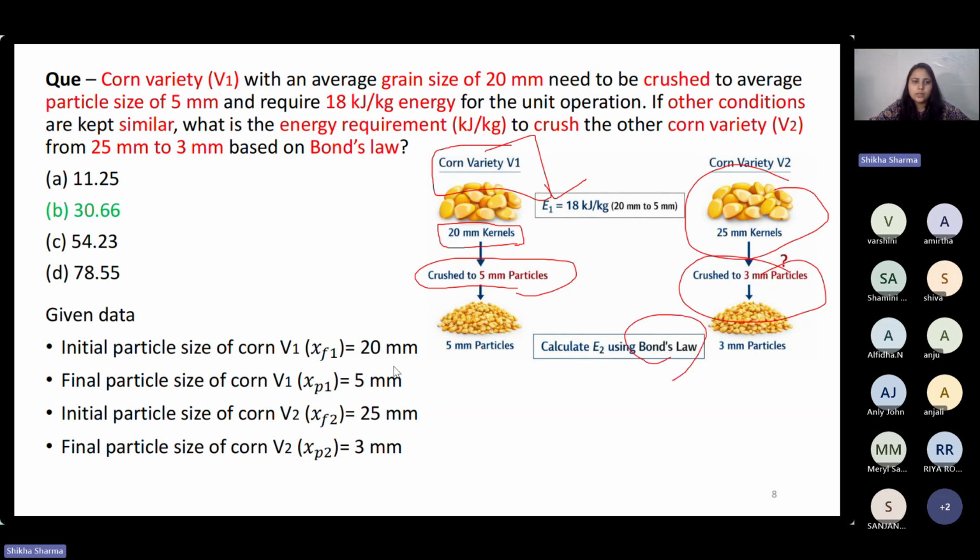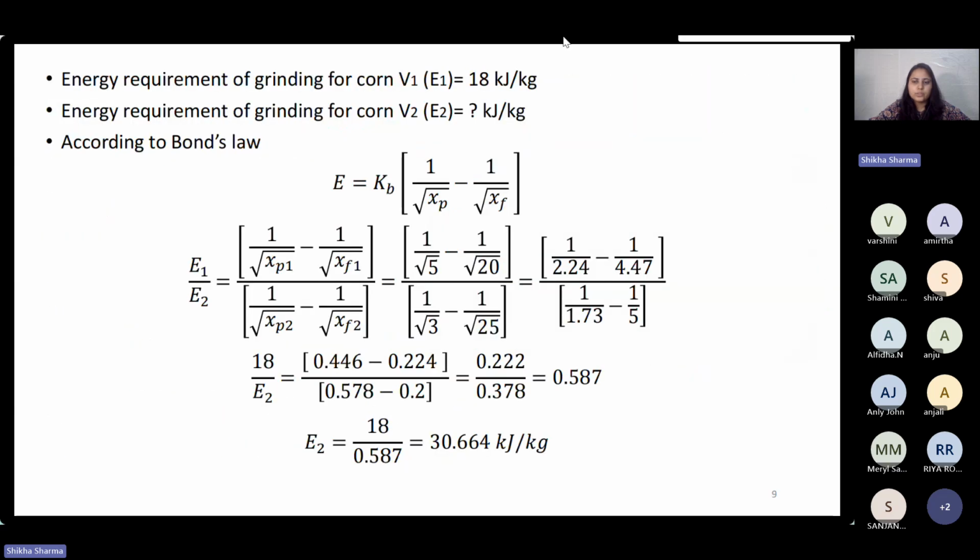So the initial particle size for V1 is 20 mm. The final particle size of corn V1 equals 5 mm. Then the initial particle size of V2 equals 25 mm and the final particle size of V2 equals 3 mm. That is the given data. And also the energy required for V1 is 18 kilojoule per kg.